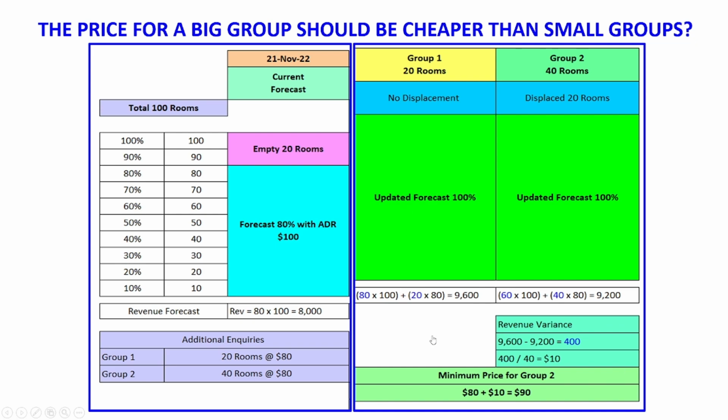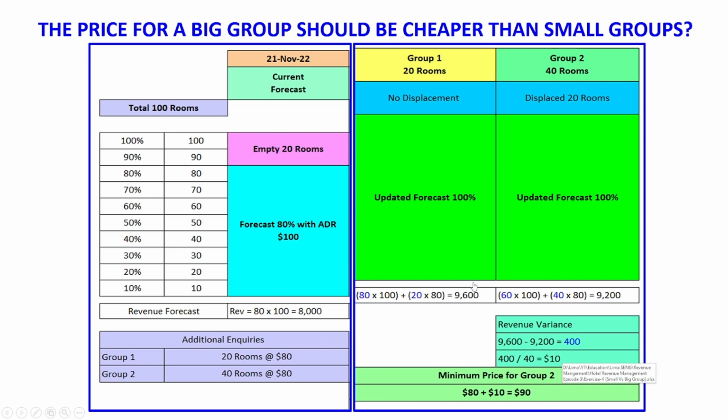With the small group 1, the revenue will be 9,600. But if we take the big group 2, where we need to do displacement, the revenue is only 9,200. Okay, so let's see the variance.